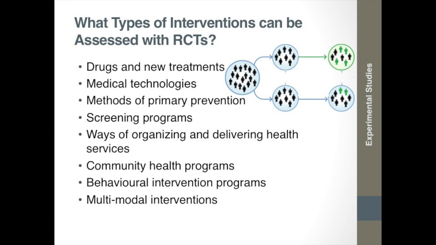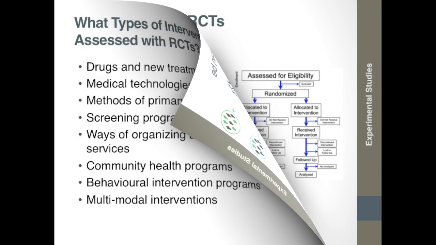Many types of interventions can be evaluated in RCTs. They include drugs and new treatments, medical technologies, methods for primary prevention or screening programs, ways of organizing and delivering health services, community and behavioral intervention programs, and multimodal interventions.